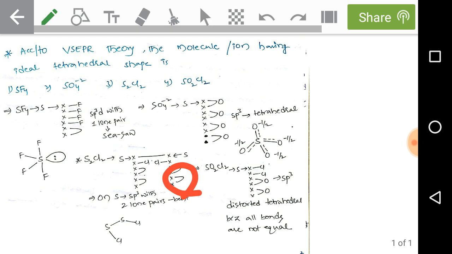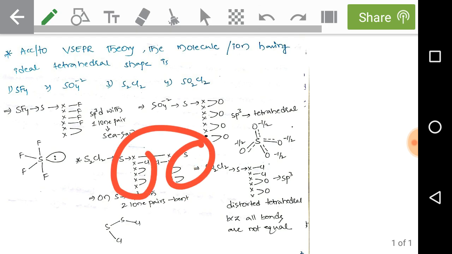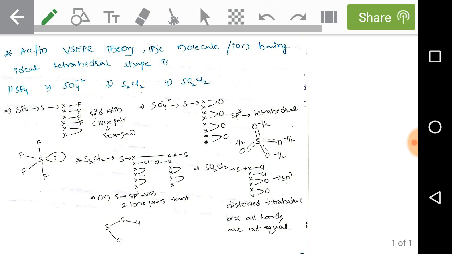Now 4 electrons remain on each sulfur. That's why we can say sp3 with 2 lone pairs on each sulfur. So sp3 hybridization with 2 lone pairs is considered a bent structure. So on each sulfur you can observe a bent-like shape.